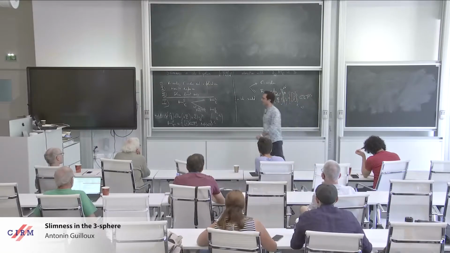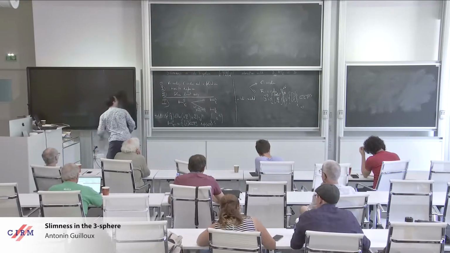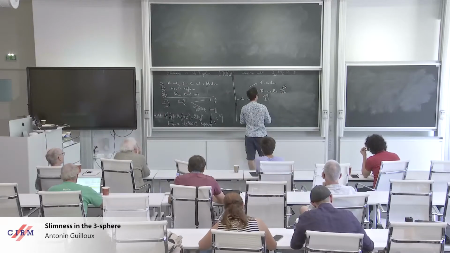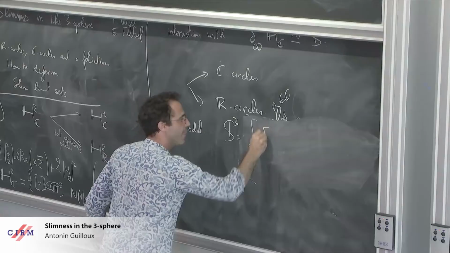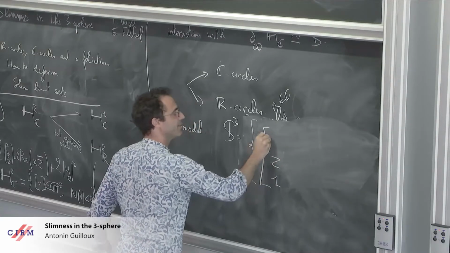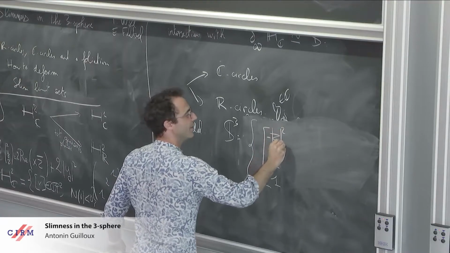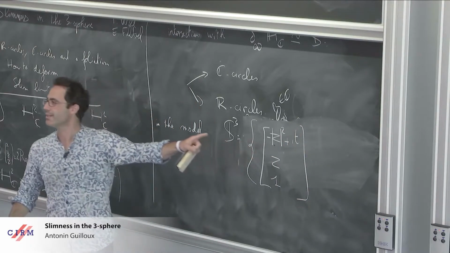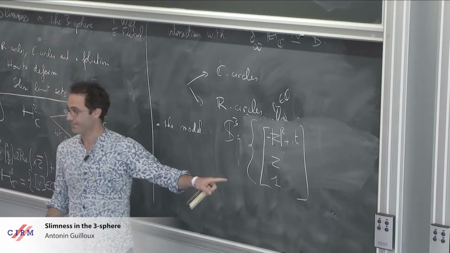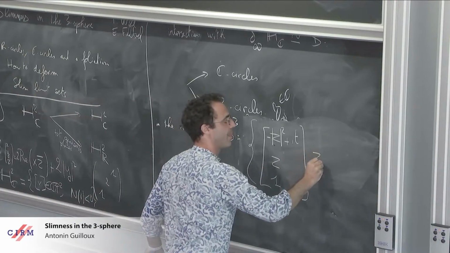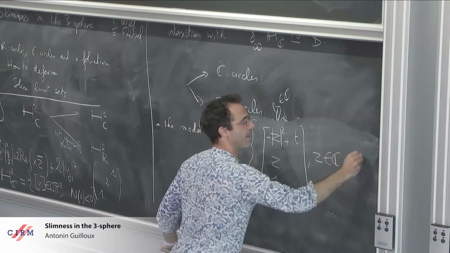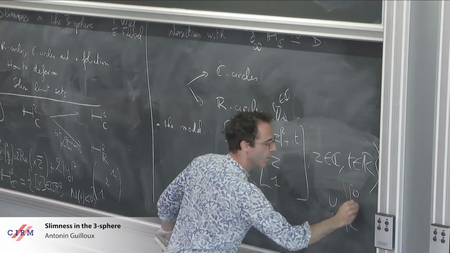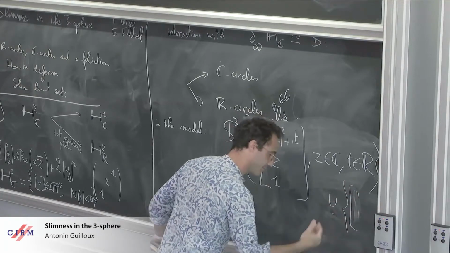Let me write it in a better way, because I will use that. Vectors of the form minus modulus square of Z plus IT in the first coordinate, then Z, then 1. And then a point at infinity, which is 1, 0, 0.